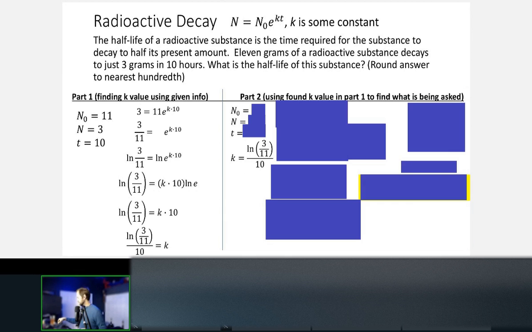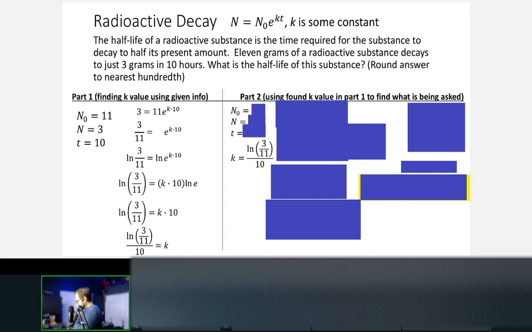Now, I meant to look this up yesterday, I totally forgot, but what we can do is store this value. Let me type this in for right now. We have the natural log of 3 over 11 on top, and then 10 on the bottom.